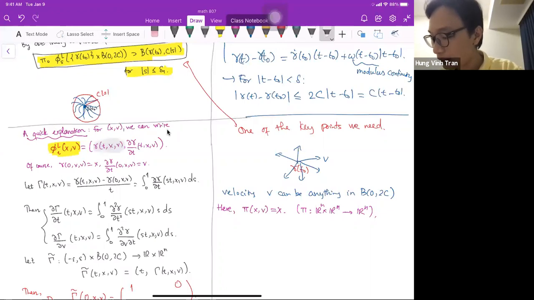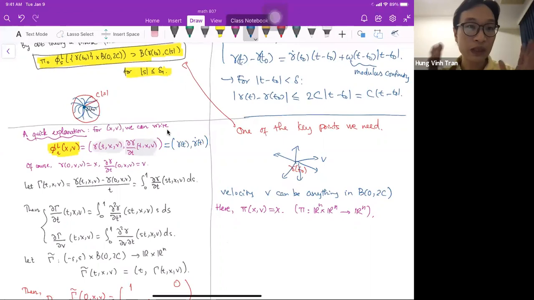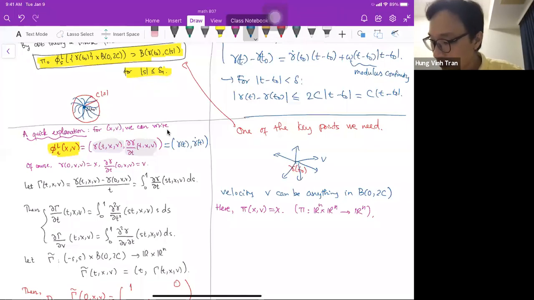So gamma t goes up to the time t, depending on x and v. I'm writing it in a fancy way. You can see that this is essentially nothing but gamma t, gamma dot t, right? That's exactly the map, but I'm just being careful to record the dependence on x and v. And of course, if you take time equal to 0, then you have exactly x and v, right?